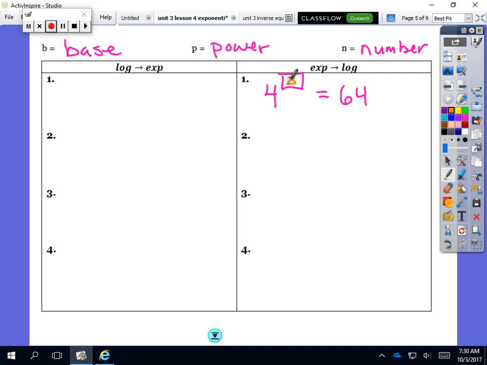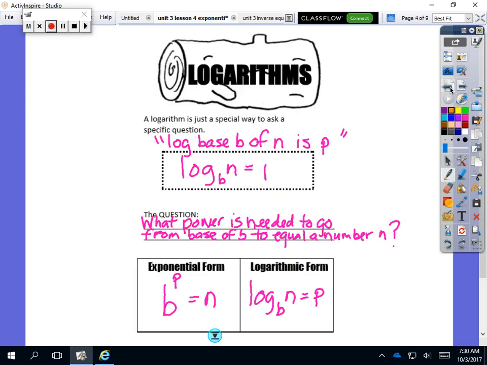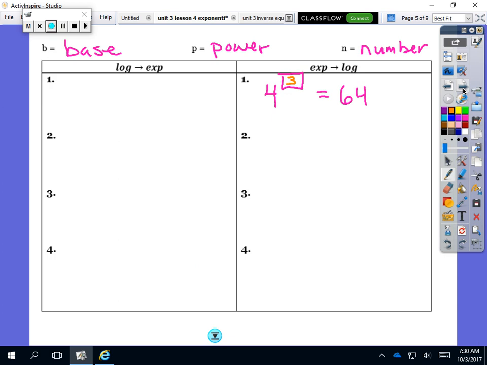So if we go back to our formula, that means log to the base 4 of 64 is equal to that power 3. So log base 4 of 64 equals 3. The 4 is called a subscript. It's a smaller number, kind of like the power is a superscript. And then the 64 is normal size and the 3 is normal size. So this would be the logarithm that is the inverse of that exponential.